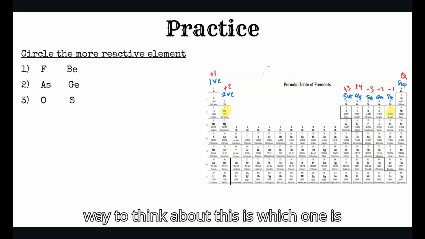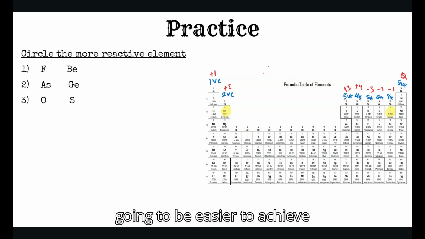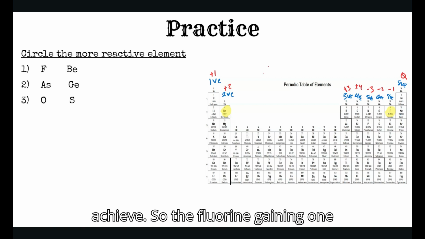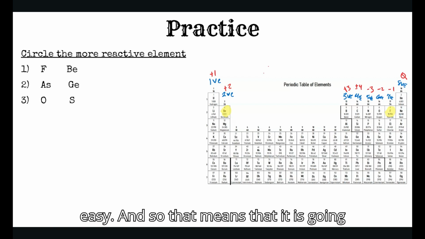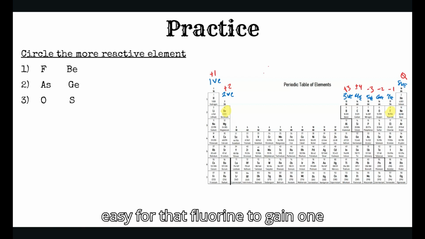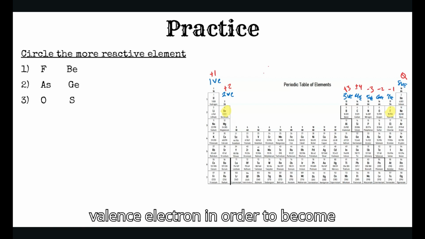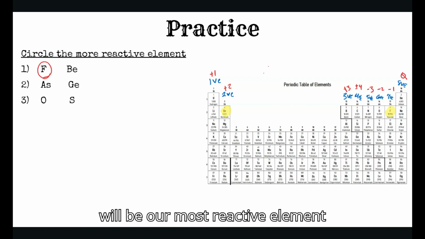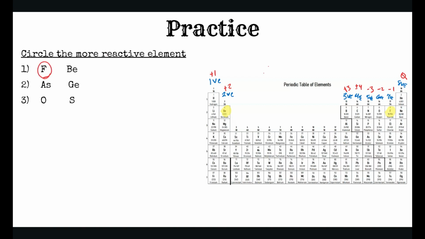And so the best way to think about this is which one is going to be easier to achieve. And doing the least amount of work is going to be the easiest thing to achieve. So the fluorine gaining 1 valence electron is going to be really easy. And so that means that it is going to be highly reactive because it is easy for that fluorine to gain 1 valence electron in order to become stable. So this means that our fluorine will be our most reactive element out of these two.